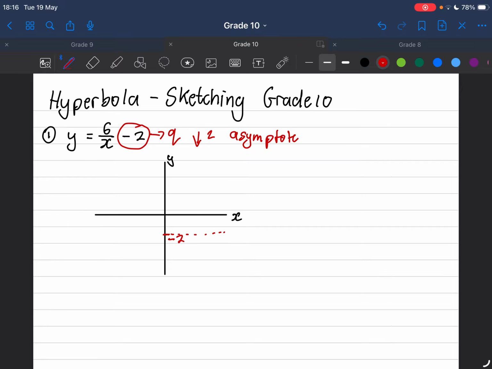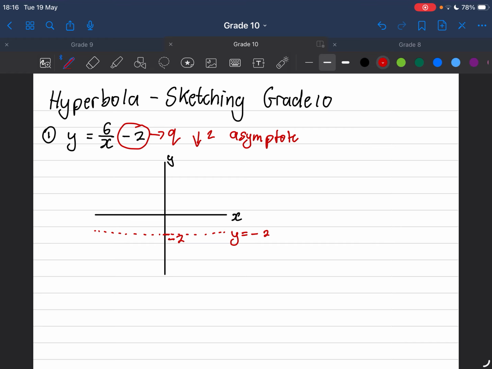A dotted line depicts an asymptote. So in this case, my horizontal asymptote is at y is equal to -2.